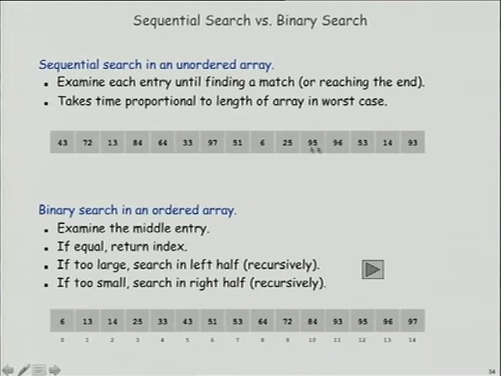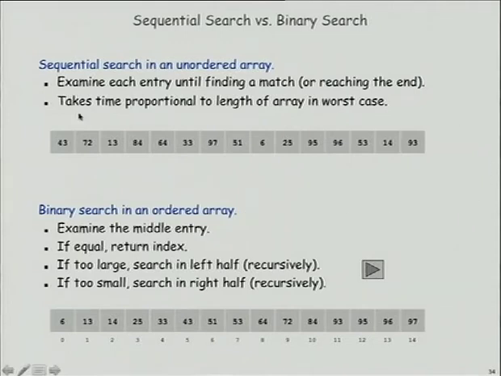And maybe I find it somewhere, and then that would be where it's 42. I would return this index. Of course, in the worst case, I have to look at all the elements, and then I would realize it's not there. So in the worst case, I have to check all the elements. So it will take order n time. It's proportional to the length of this array.